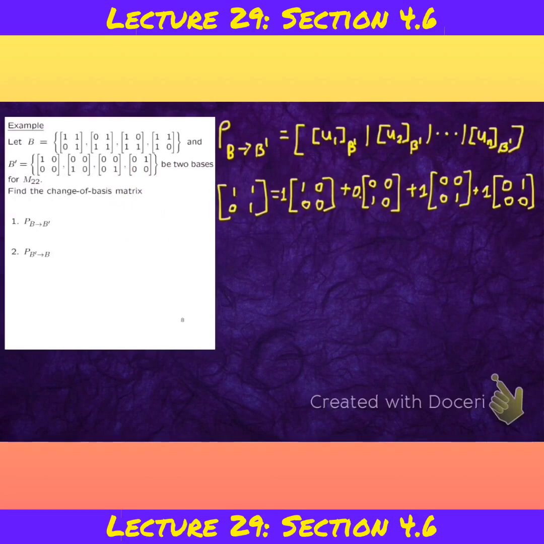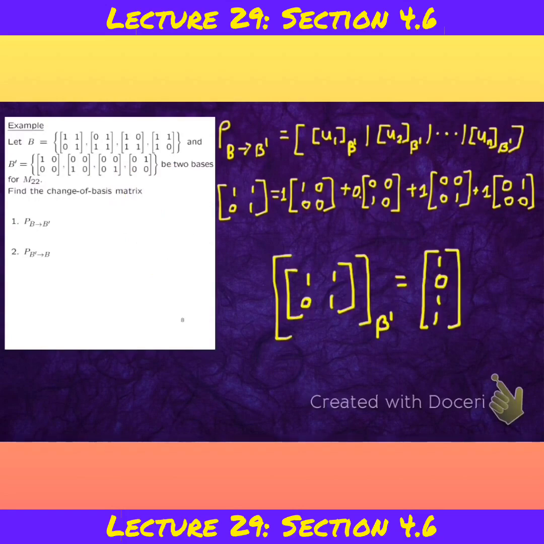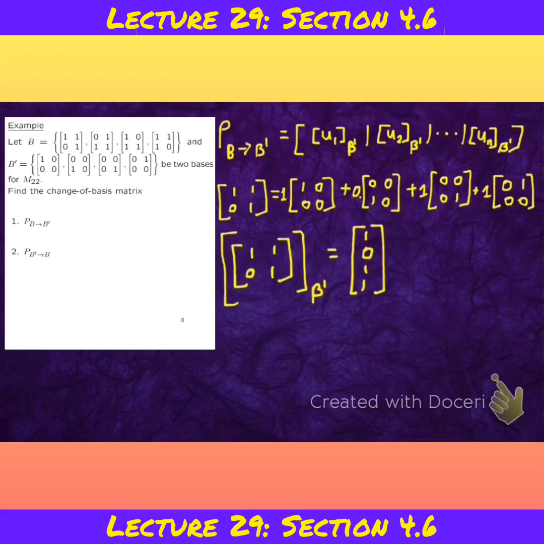That is my linear combination. Therefore my first column of my matrix becomes that column vector there. And again, how do I find that? I read off those values there: 1, 0, 1, 1.